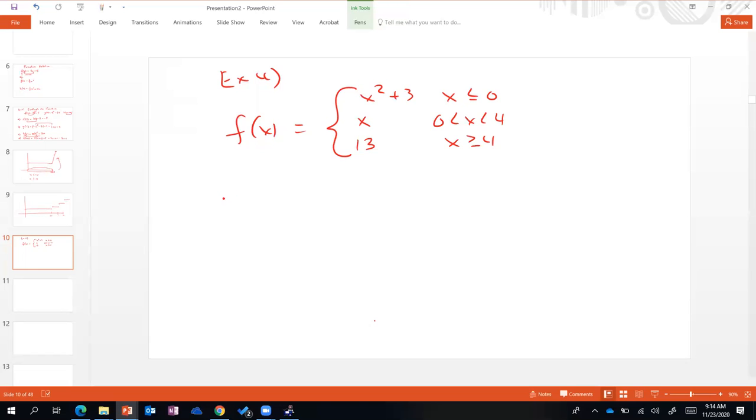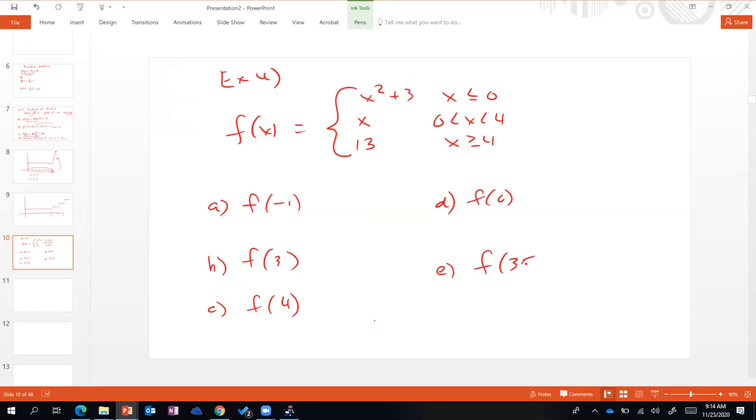All right, 10 minutes to go. Let's go forward here. This is going to be f of negative 1, f of 3, f of 4. Actually, I should do this one here, and then f of c. D would be f of 0, and E would be f of 357.